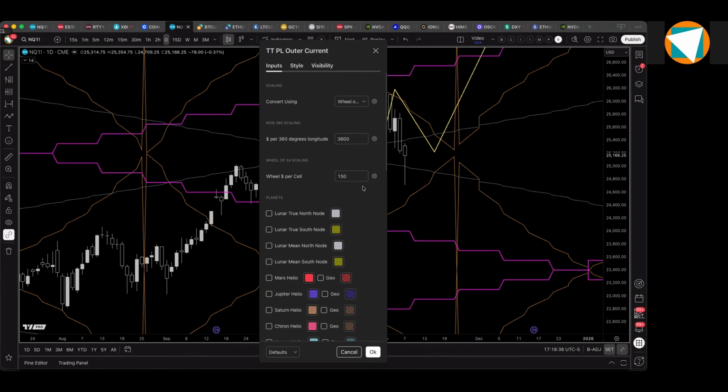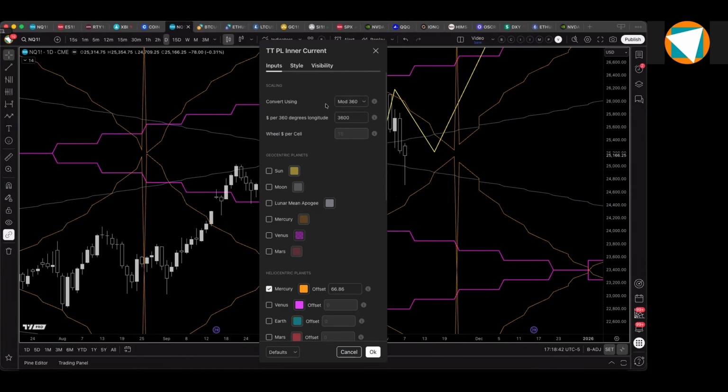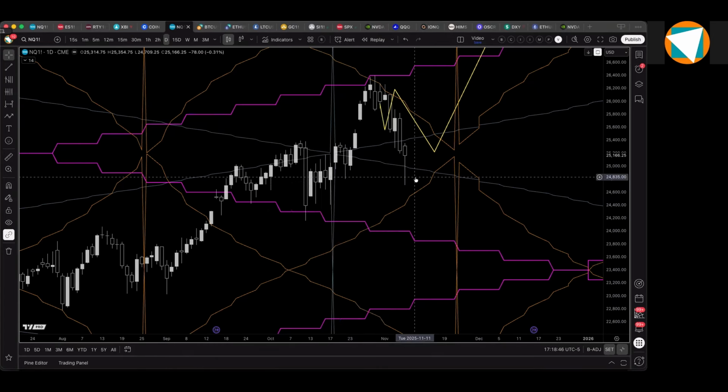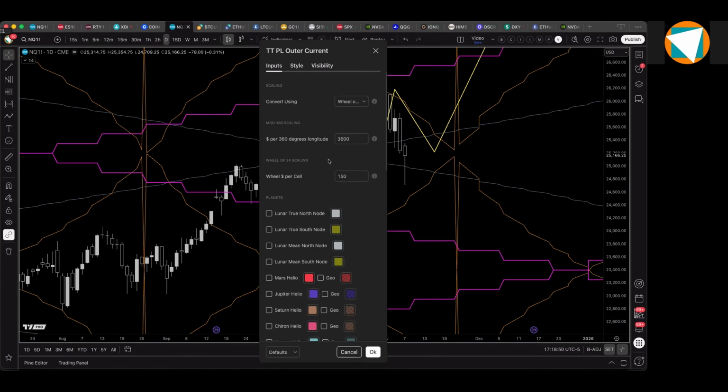You want to make sure the scaling factor matches the inner one. We've got inner using mod 360, that's 3600. The outer uses wheel of 24, so that needs to be 3600 divided by 24 equals 150. So they're both effectively using the same scaling factor.